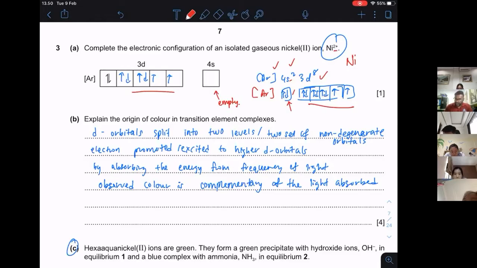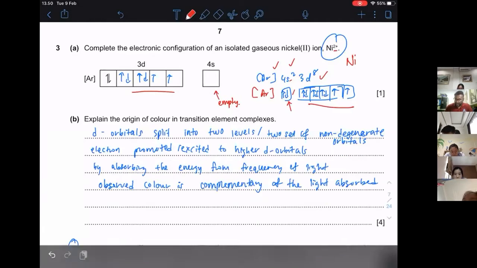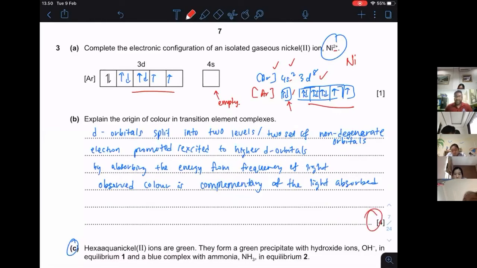Now, this 4-mark question is actually unusual, but not surprising. They are asking you to explain the origin of color in transition element complexes. I hope you remember. Even though in the marking key here they didn't use certain terms, I think you need to use the terms. In the marking key they say that the d orbitals split into 2 energy levels.